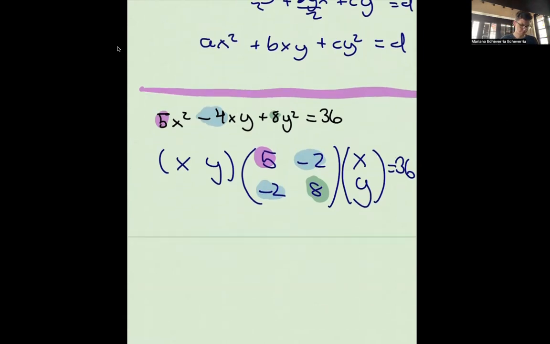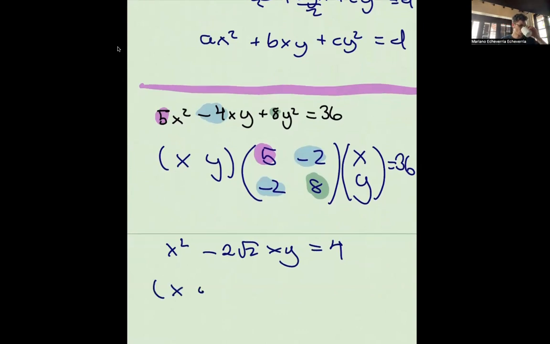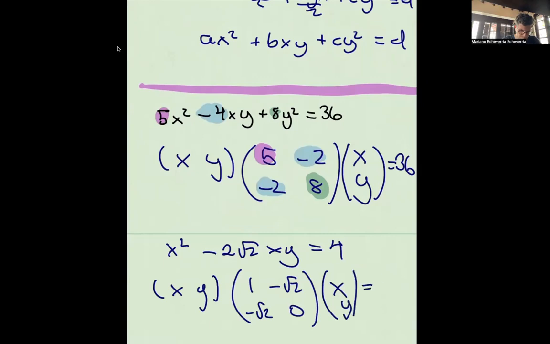And the other one, which I had written down, x squared minus 2 root 2 xy equals 4, would become xy times the matrix 1, minus root 2, minus root 2, 0, times xy, equals 4.